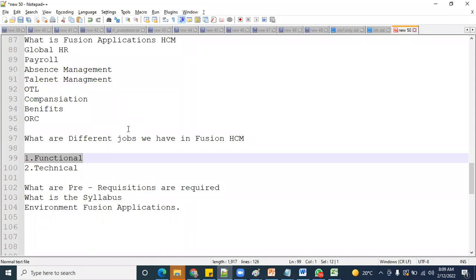And in the market right now, they are expecting 2 to 5 years of experience, minimum 2 years and maximum 5 years. The market is very high. It will be there for the next 5 years, till 2025, because this is just a starting journey. I don't know about other technologies.